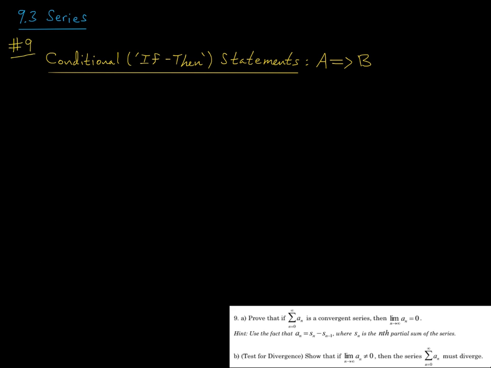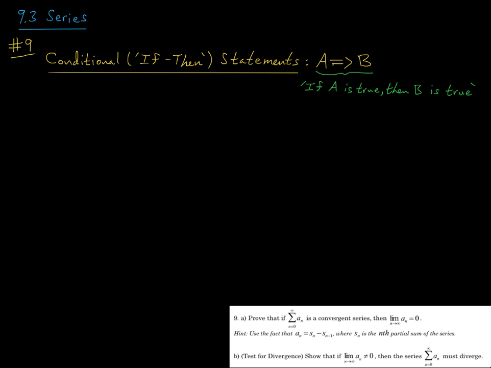I want to go over a few things related to what are known as conditional statements, also known as if-then statements, and then we'll tackle what we're supposed to do here in part B. But so what is a conditional statement? Well, notationally I can write this as A, and then this is an implication symbol, so A implies B. You can also read this as if A is true, then B is true.